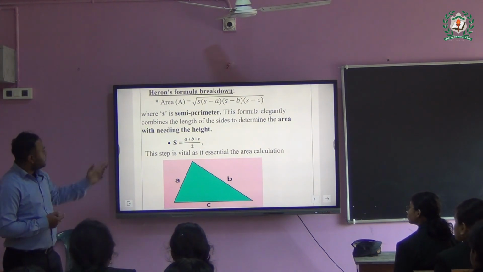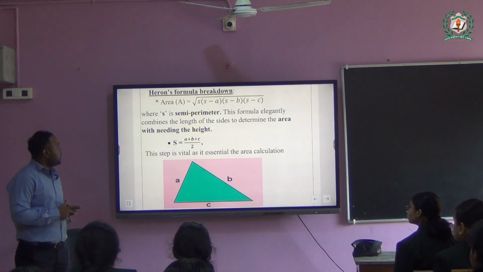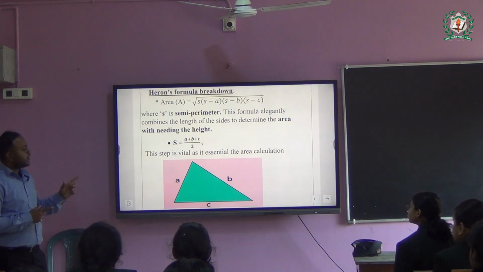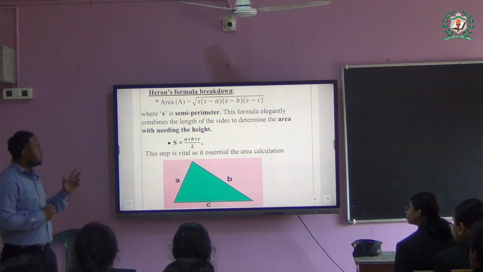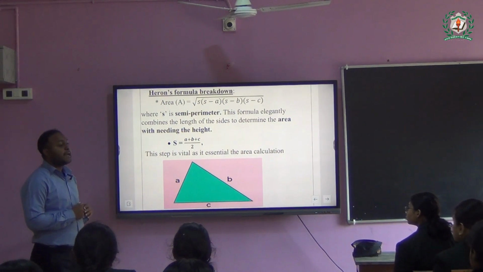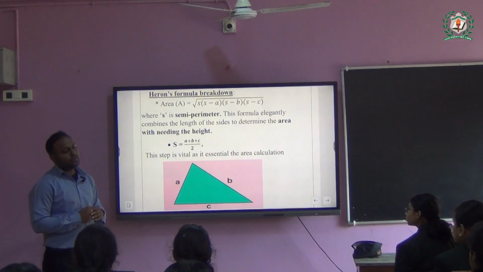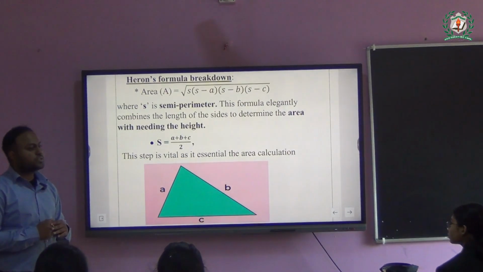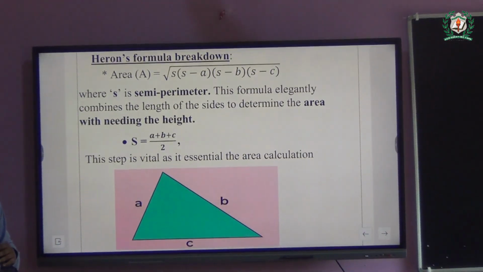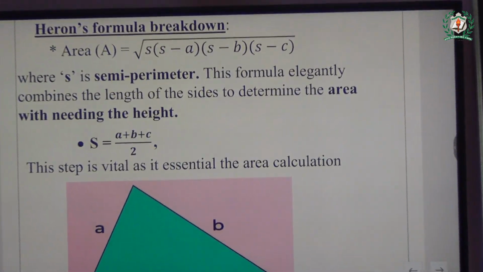Understood? That means the area is the square root of S into S minus a, S minus b, S minus c. This is the most remarkable and useful formula to calculate the area of a triangle whose three sides are generally known.